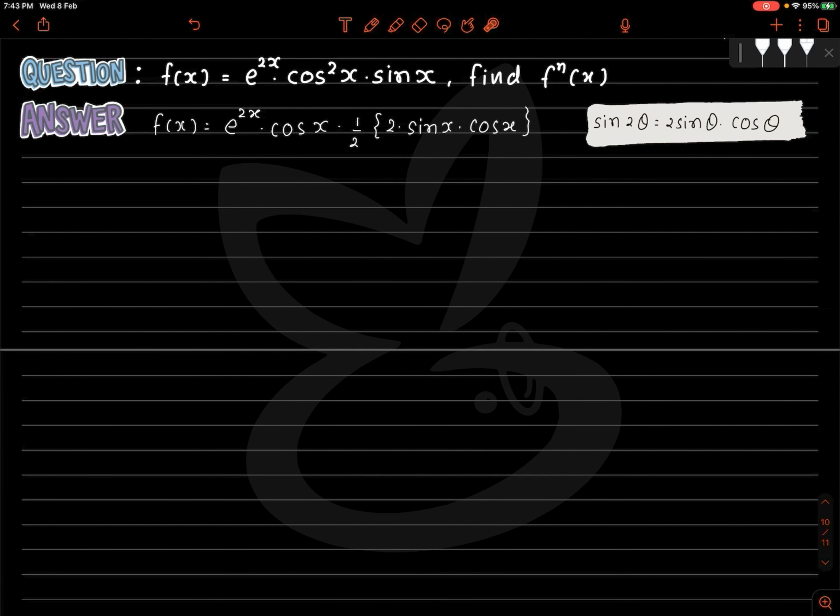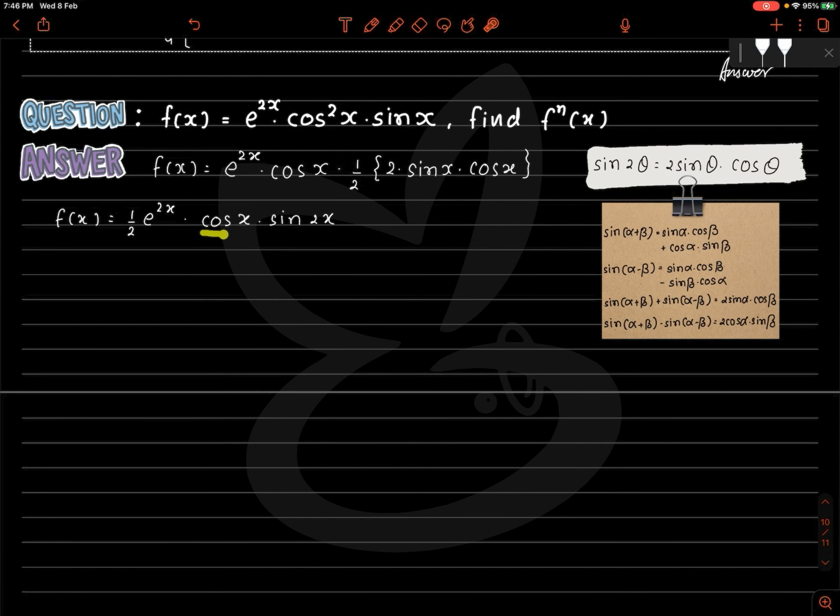We have the formula of sin 2 theta. Now we would get f of x is equal to half of e raised to 2x into cos x into sin 2x.